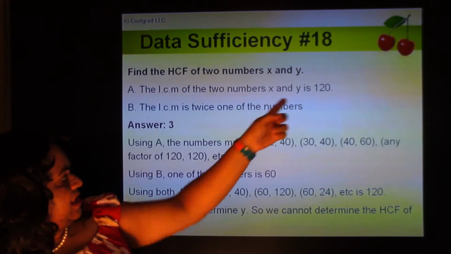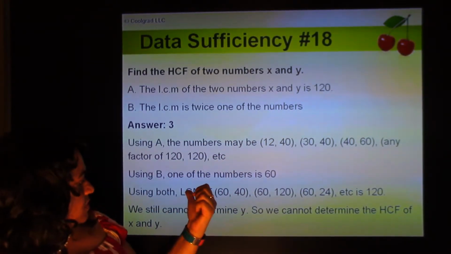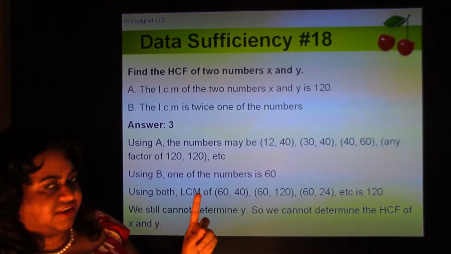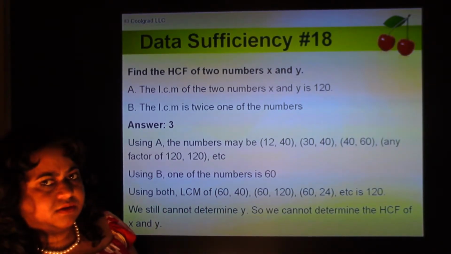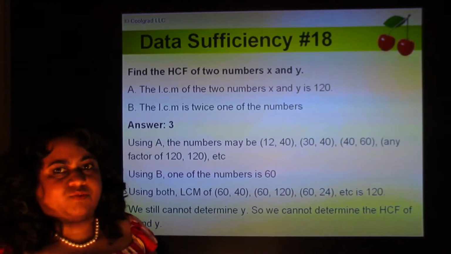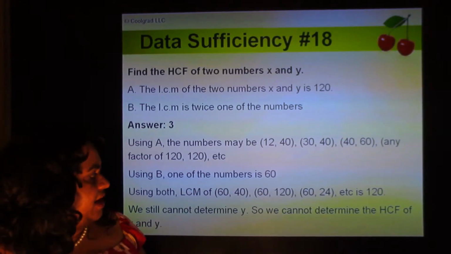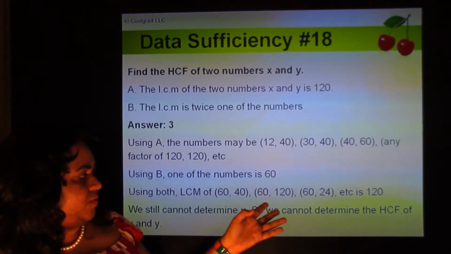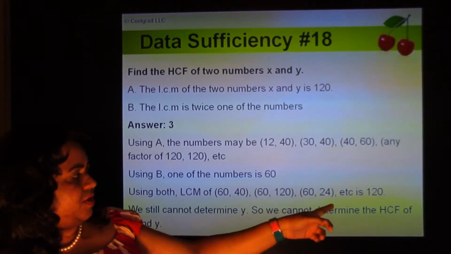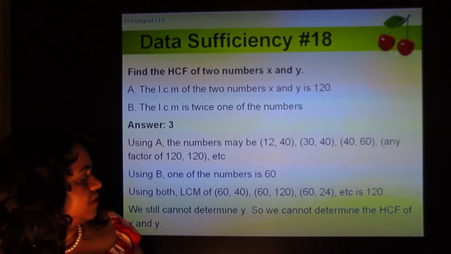So LCM is twice one of the numbers. So one of the numbers must be 60. What can the other number be, so that their LCM is 120? LCM of 60 and 120 is 120. LCM of 60 and 40 is also 120. LCM of 60 and 24 is also 120. So we still don't know what the other number is.